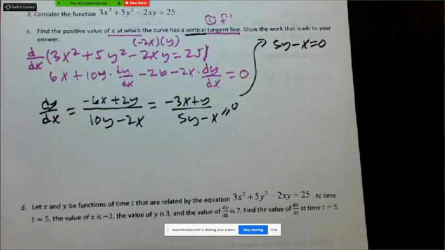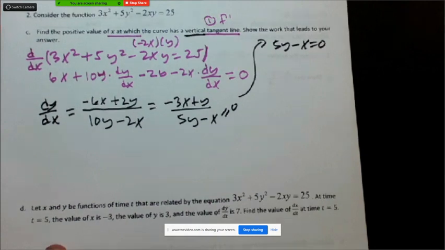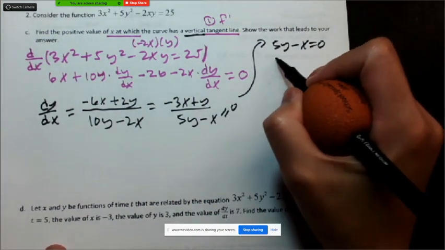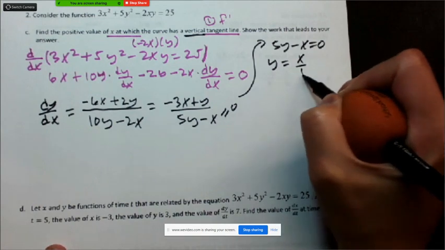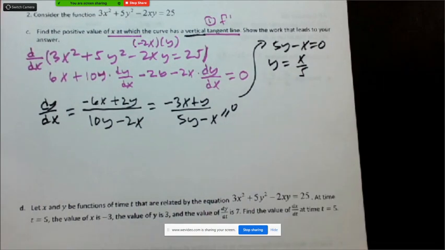So if we're looking for x, are we going to solve for y or solve for x? Solve for y, because when you solve for y, it's in terms of x. Then we can go ahead and maybe factor out and so on. So for the y value, I'm going to say x over 5. Is everyone okay with that one go?